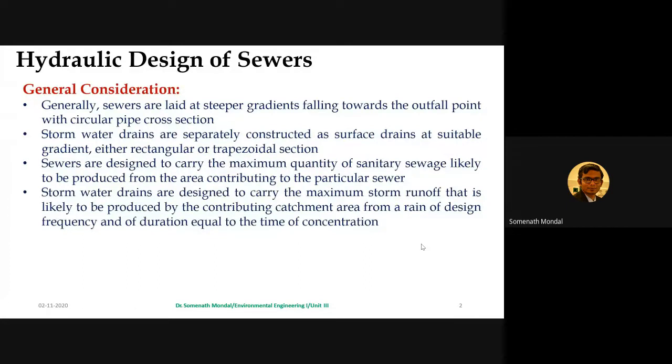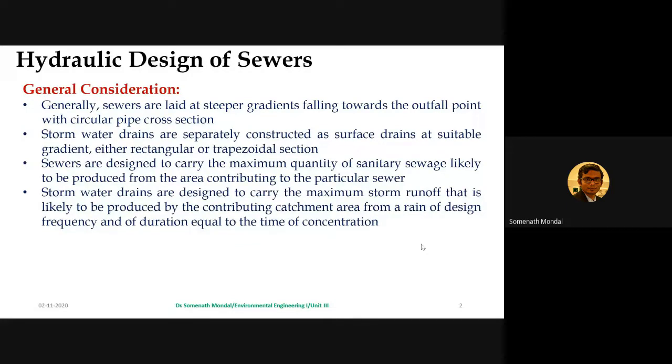When I say hydraulic design of sewers, what are the general considerations which we need to keep in our mind? You can see here that generally the sewers are laid at steeper gradients, falling towards the outfall point, with circular pipe cross sections.